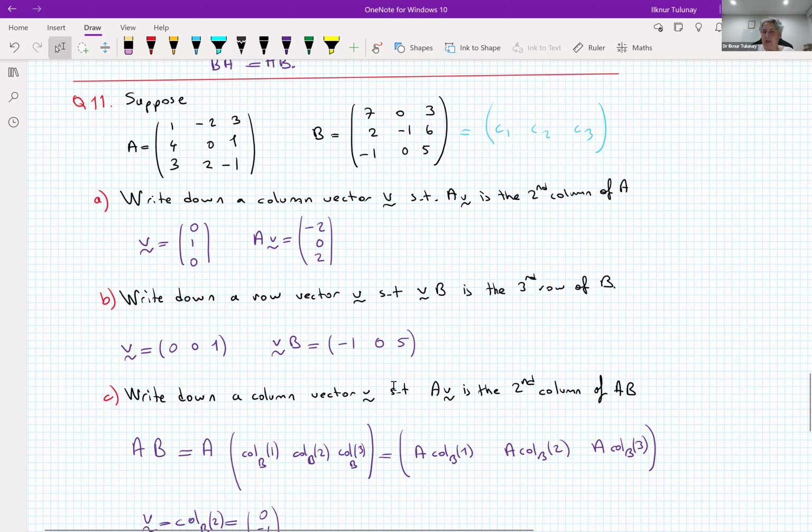And write down a column vector V such that AV is the second column of AB. Now this one is a little bit more complicated than the first two.